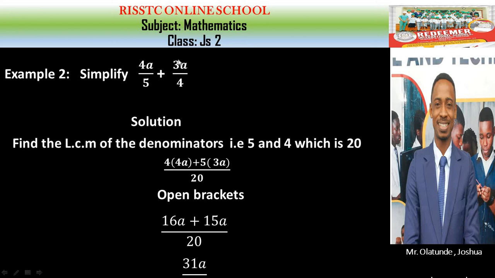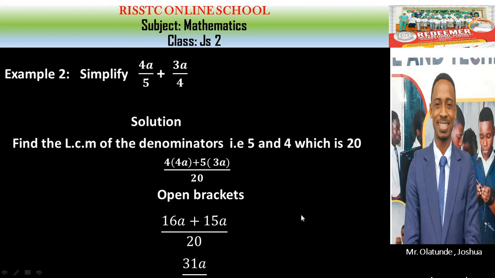What we have at the numerator comes inside the bracket and you close the bracket. The next step here is open bracket. 4 times 4a, we have 16a, plus 5 times 3a, we have 15a, all over 20. 16a plus 15a, we have 31a over 20.